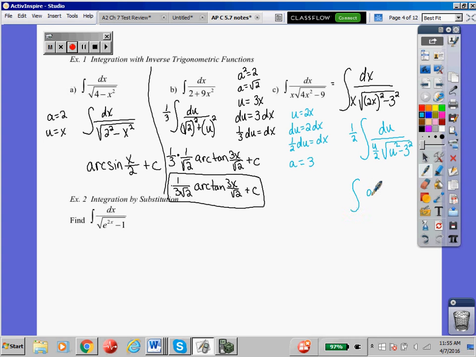So then this is going to end up being the integral of du over u square root u squared minus 3 squared. Okay, if you divide by u over 2, that's like multiplying by 2 over u. So the u stays down there, but the 2's cancel. Now I can see very clearly that this is like number 3. It's 1 over a, so that's 1 over 3. Arcsecant, absolute value of u, that's the absolute value of 2x over a, so that's 3, plus c. So it just takes a little bit of practice getting the hang of it.